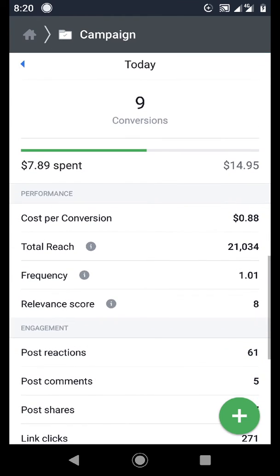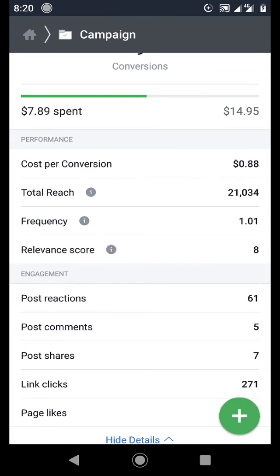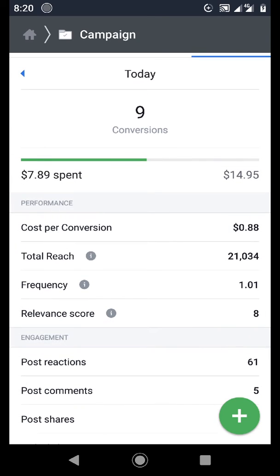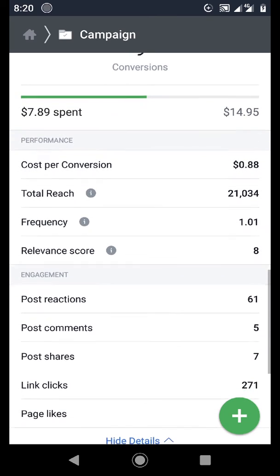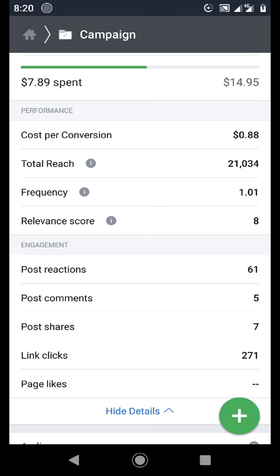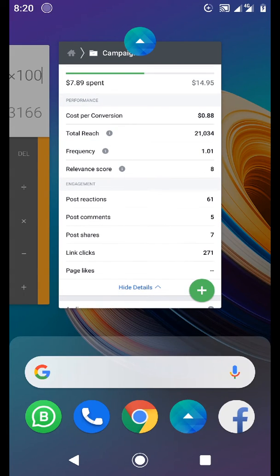This is $9, and this is 9 conversion orders. The day is yet to run out, so we should still get much more. At least before the day finishes, we should get like 5-6 more orders to make it 15 for today, hopefully. So let's do the math. This is 271 and 21,034.